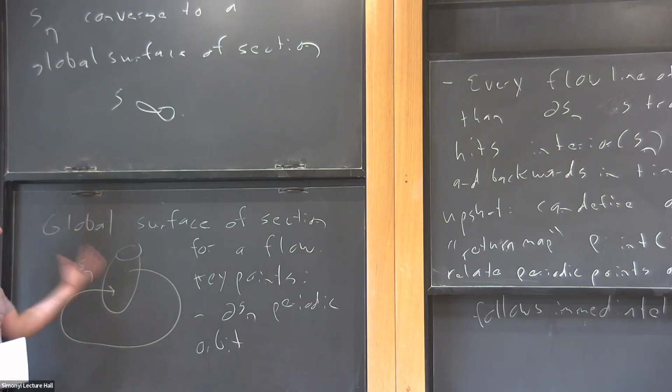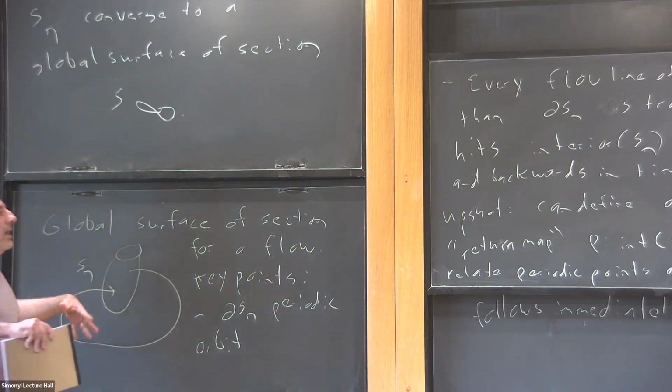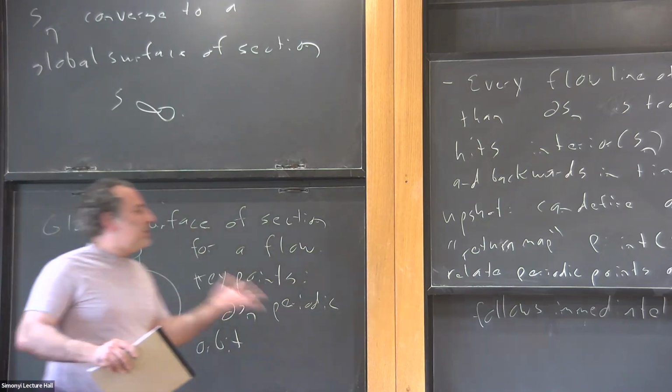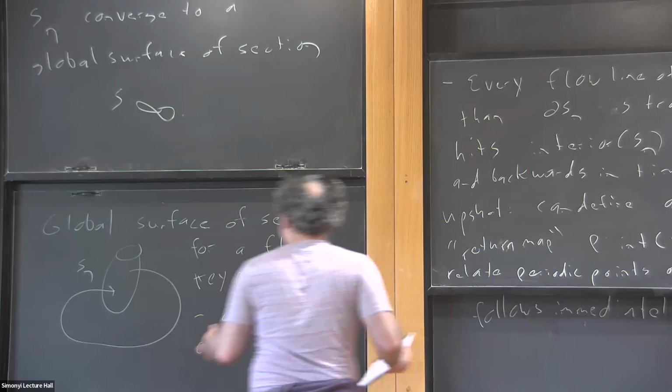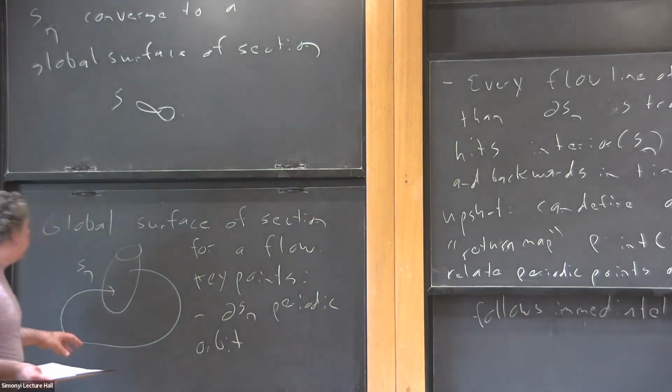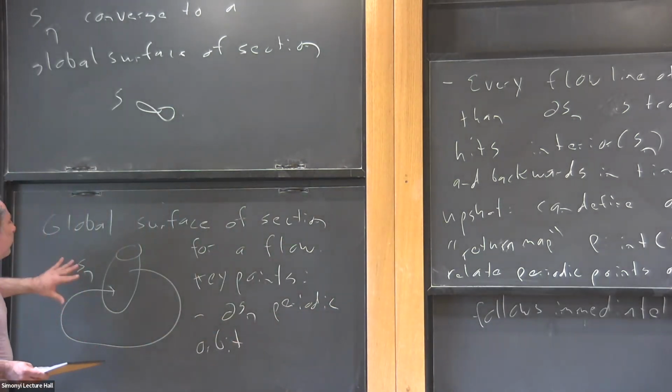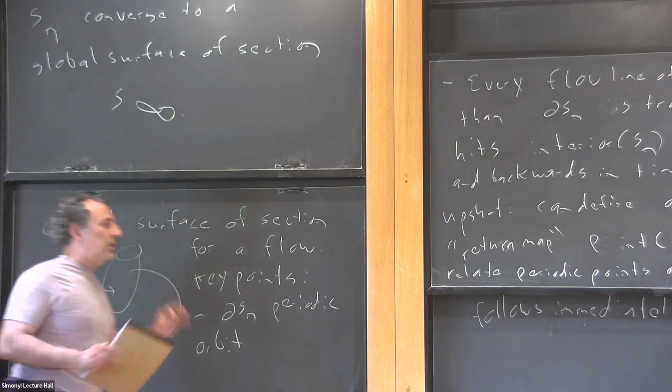I said that this should be an area-preserving map. So in particular, these global surfaces of section have some kind of area, and the area could be going to 0. In general, it's quite a complicated problem to be able to take a limit of global surfaces of section like this. And the idea, which was already known to HWZ, is that you get a lot more control if you assume that these global surfaces of section come from holomorphic curves.